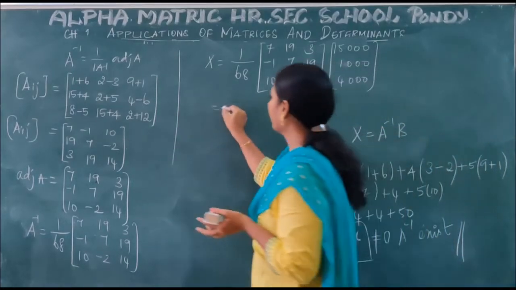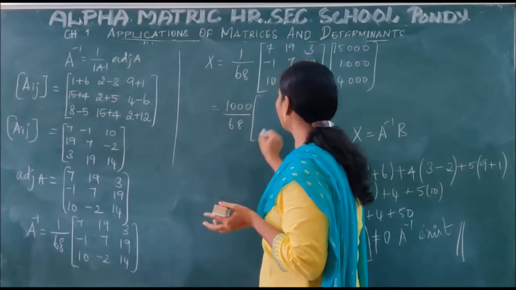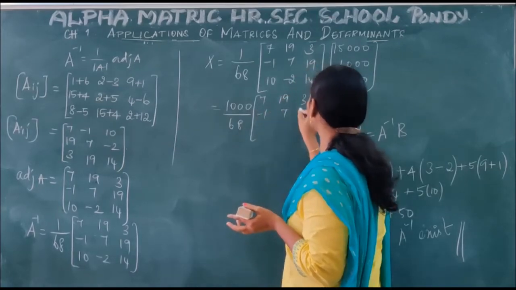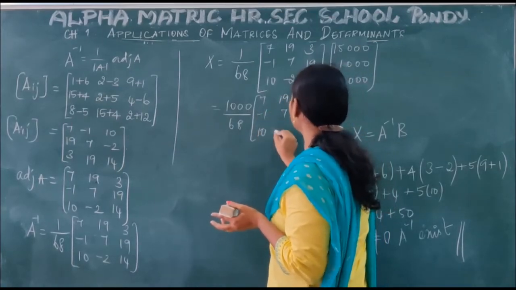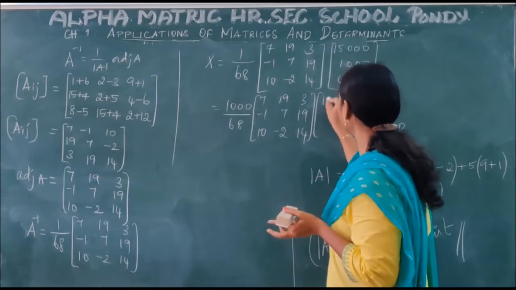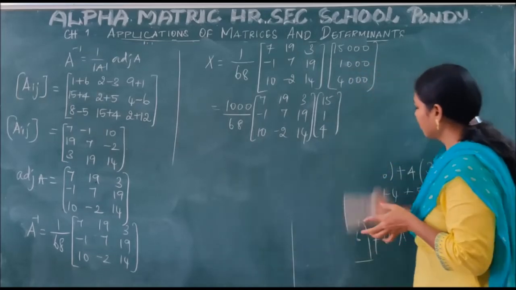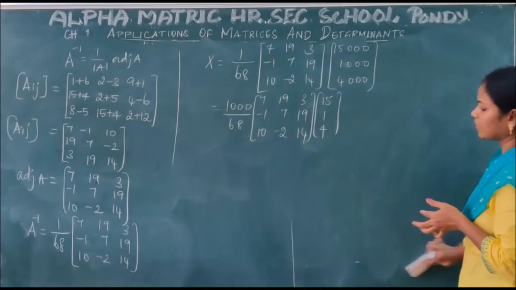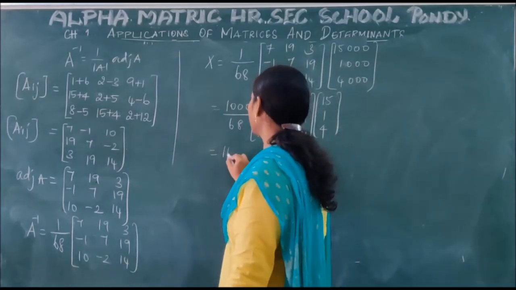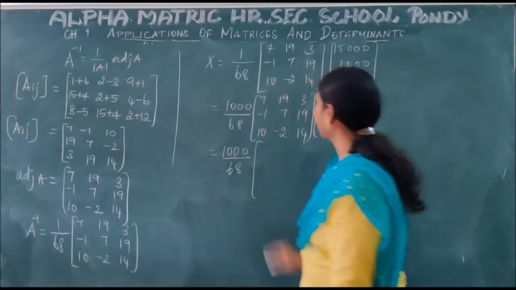So I will be getting 1,000 divided by 68 into 7, 19, 3, minus 1, 7, 19, 10, minus 2, 14 into 15, 1, 4. So finally, using matrix multiplication, we can find the X value. This is 1,000, don't cancel it, let it be there.